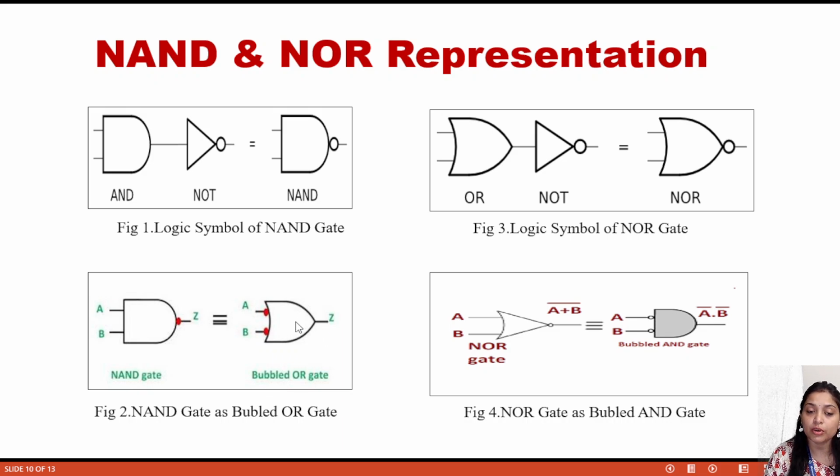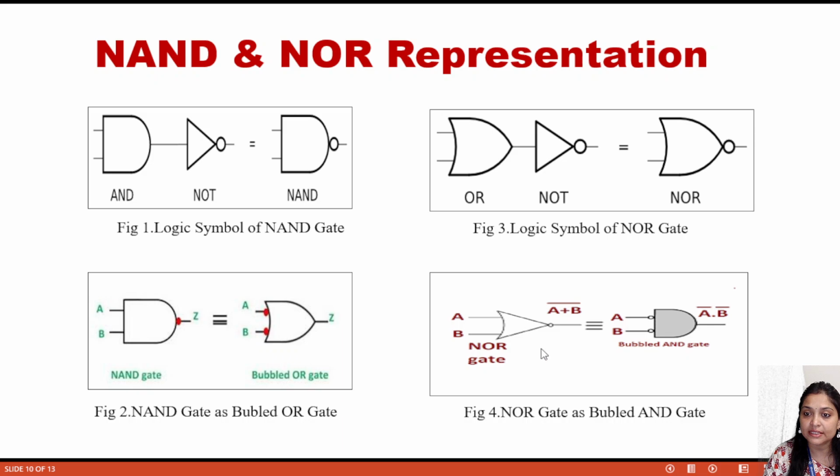Okay, so what is this? If I add these two NOT gates before the OR gate, then we can represent it as a NAND gate.